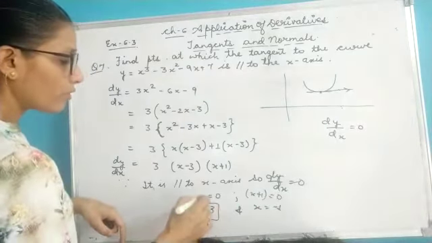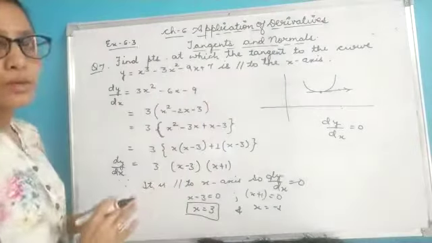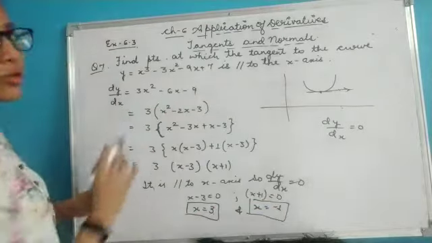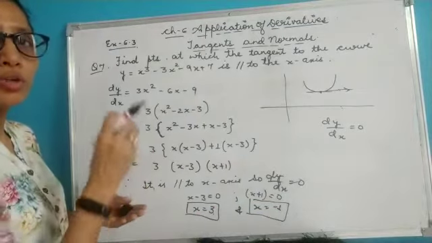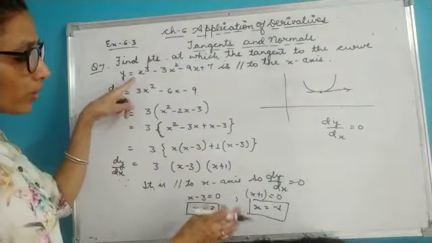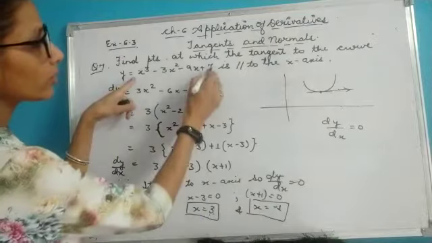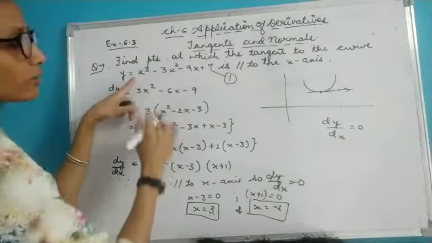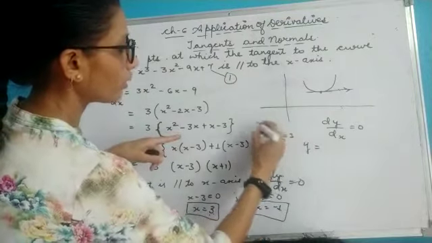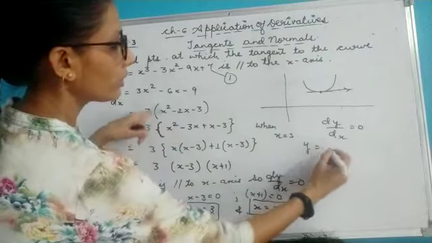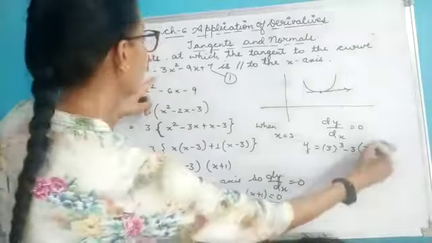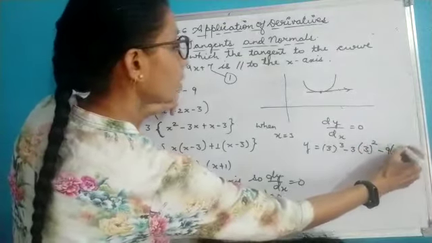Now children, when x is 3, what will be the point on y? I will be putting these two values in the equation of the curve to find the y-coordinates. So when x equals 3, y will be 3 raised to power 3 minus 3 square minus 9 into 3 plus 7.